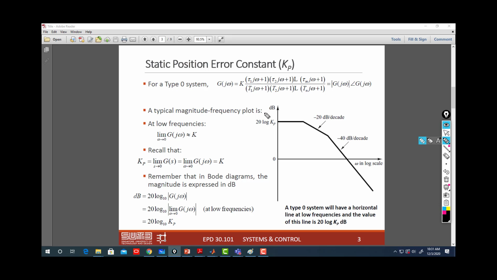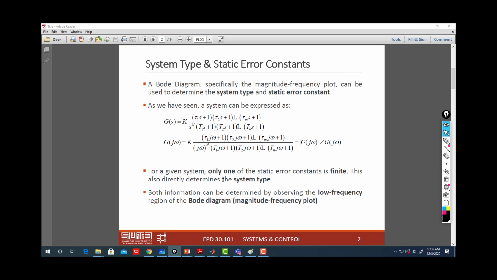Basically, if you have a Bode diagram like this, a Bode diagram, specifically the magnitude frequency plot, not the phase, can be used to determine the system type and the static error constant.